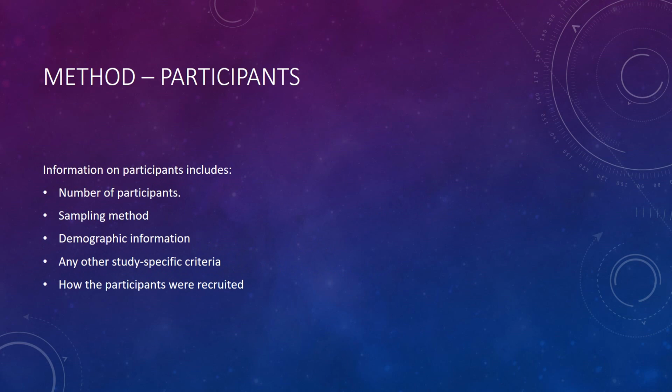So as I mentioned earlier, participants' information is quite important to research because the sample that you use may have an impact on the generalizability of your outcomes. So some information includes the number of participants, because a study that uses a small sample size is less likely to be as reliable as a study that uses a very large sample size.